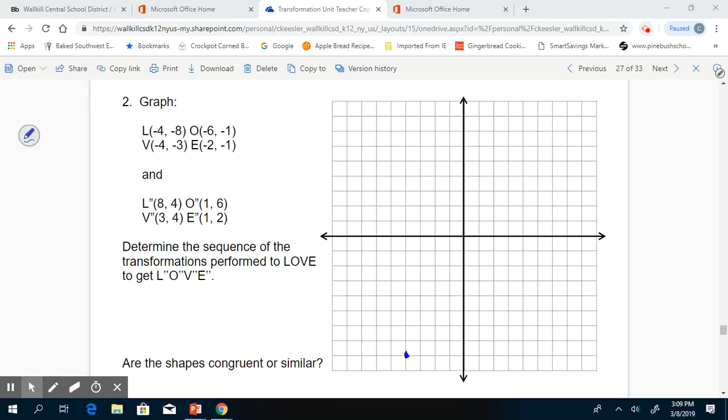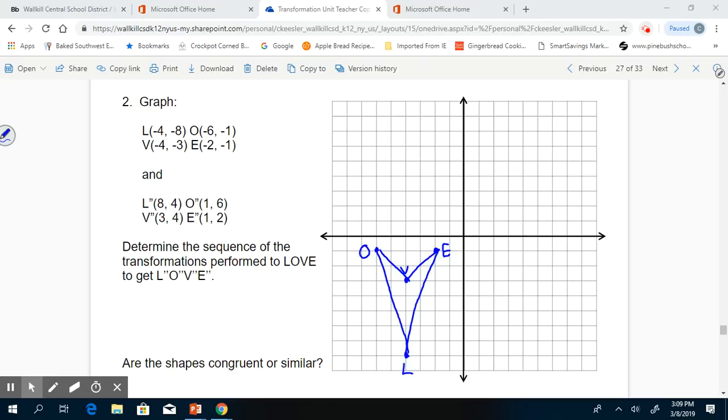O is at -6, -1, so left 6 and down 1. V is at -4, -3, so left 4 and down 3. And E is at -2, -1, so left 2 and down 1. So you get a heart-looking type shape, hence love.